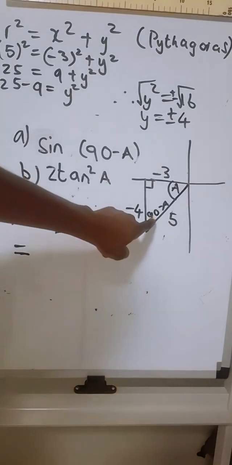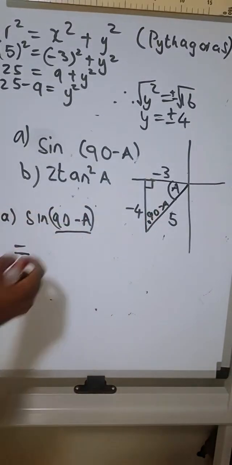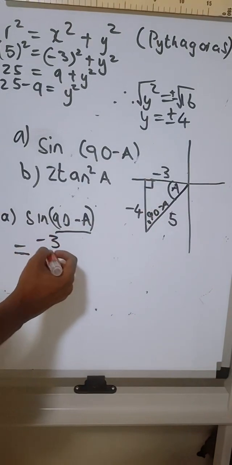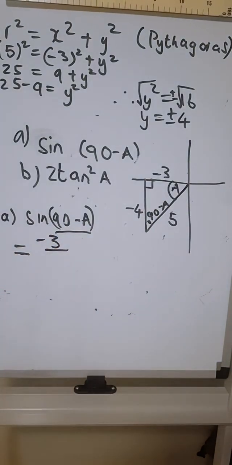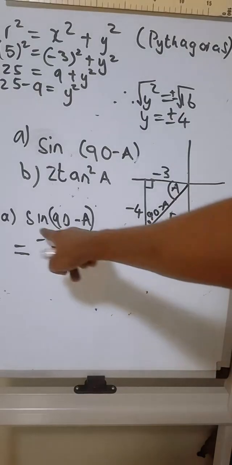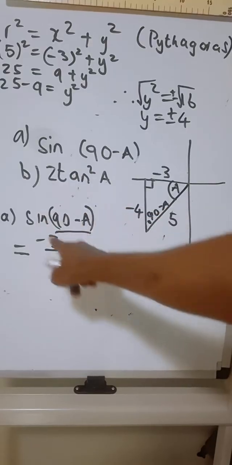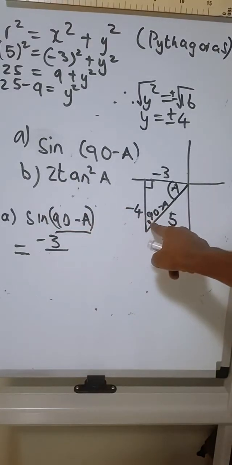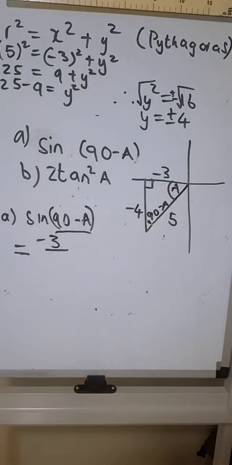My opposite side for 90 minus A is negative 3. So I'm going to say negative 3. We are not talking about the opposite side of angle A, but of 90 minus A, since here it says sine of 90 minus A. You ask yourself which side is opposite 90 minus A. It's this one.